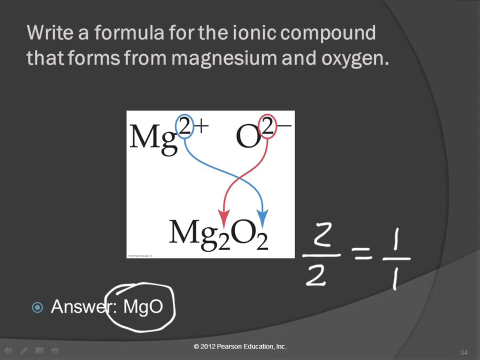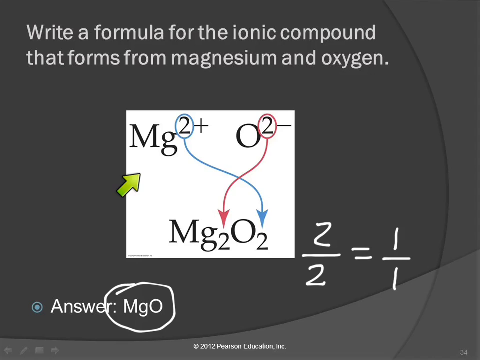The idea is that each compound has one molecular formula. And so we can't have MgO and Mg2O2 and Mg163O163. We'd have an infinite number of formulas. So we want the lowest ratio for ionic compounds.